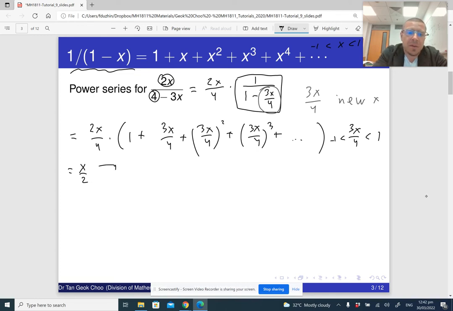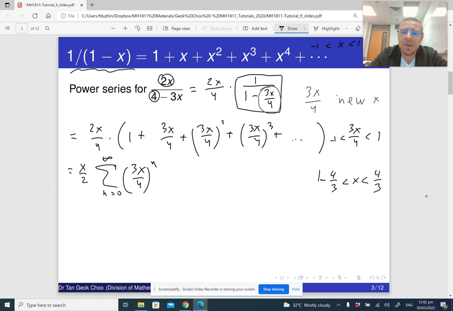Then this is the sum from 0 to infinity of 3x over 4 raised to the power n. Again, this works if 3x over 4 is between -1 and 1. So multiplying this by 4 over 3, we get minus 4 over 3 less than x less than 4 over 3. So this is the domain of our power series for this function.